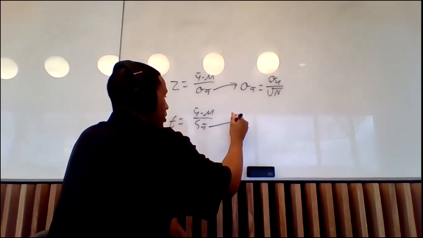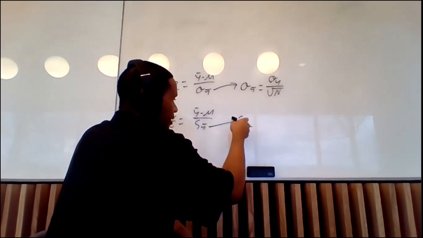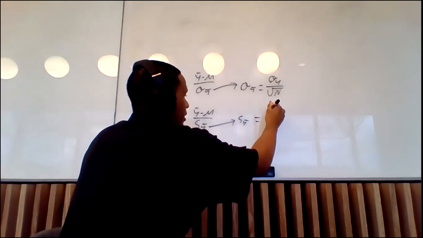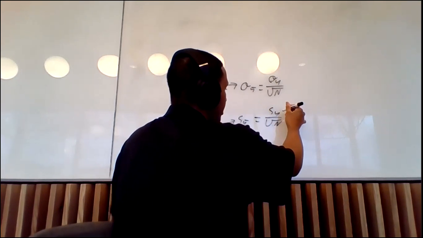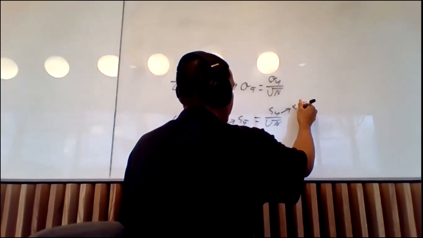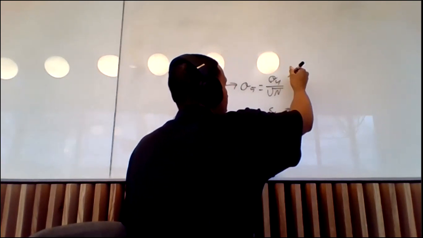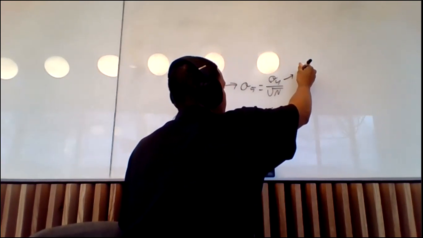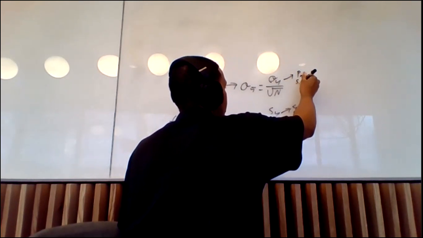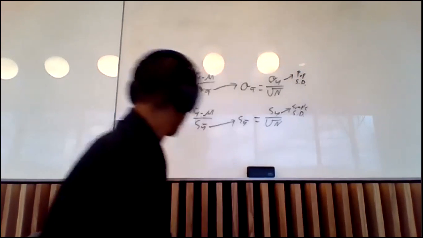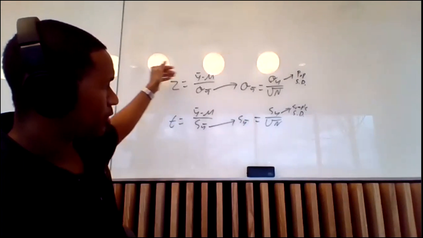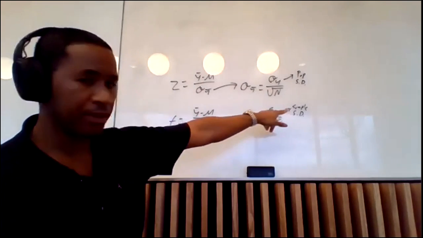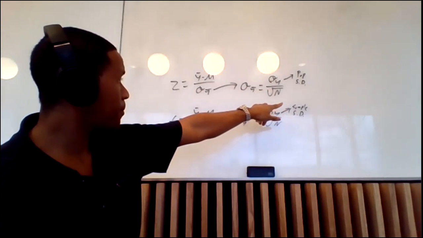And you would use this estimated standard error when you are estimating the standard error from the sample standard deviation. Okay, so this is the sample standard deviation. And this will be the population standard deviation. So in this situation, you'd be using the t instead of the z when you're estimating the standard error from the sample standard deviation.